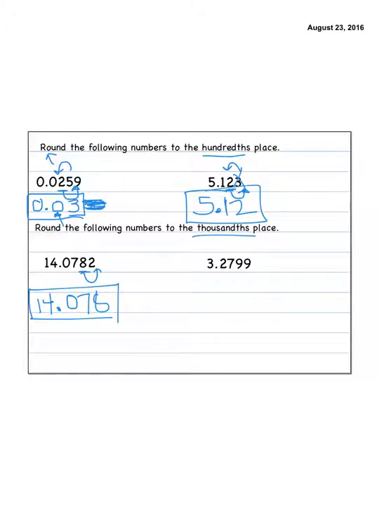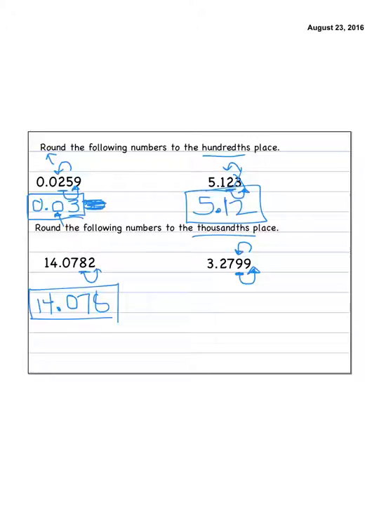All right, and then we have 3 and 2,799 ten-thousandths. This is a tricky one, so we'll see if you figured it out. So the 9 is in the thousandths place. I go to the 9, and it tells me that I'm going to raise this up. To raise it up, it's a 10, and I can't have 10 in a place.